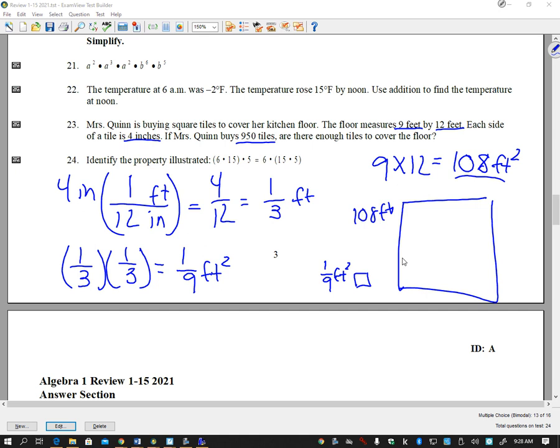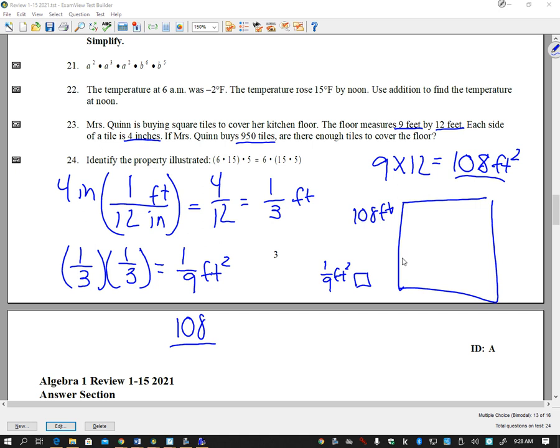It shouldn't be that hard. Divide. Divide what by what? I want to divide 108 by 1/9. Okay, can I divide by a fraction?